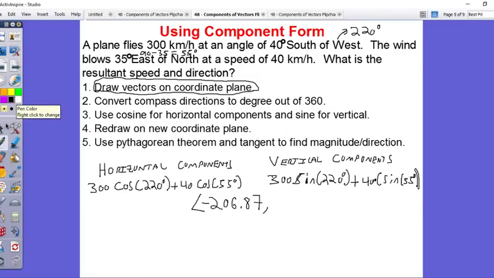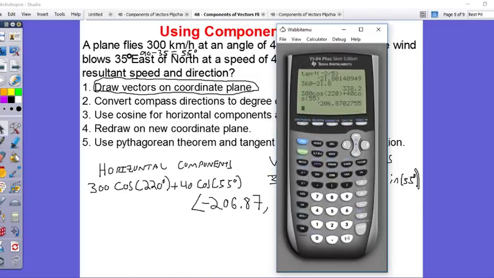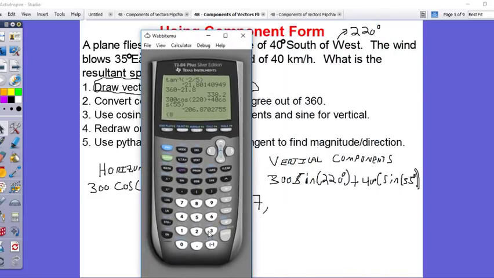And the vertical component is going to be 300 times the sine of 220 plus 40 times the sine of 55. So it's going to be negative 160.07.